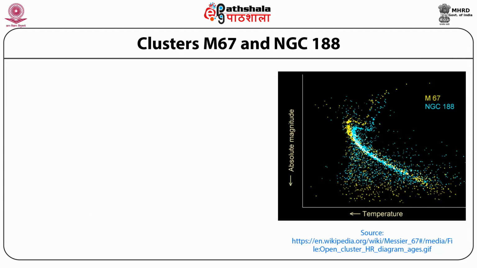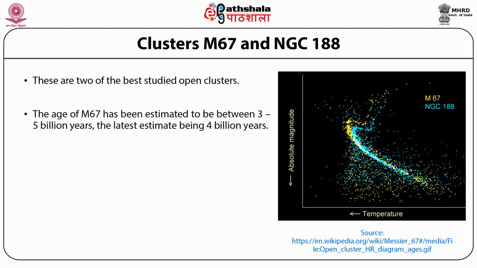Now this shows the clusters M67 and NGC 188. These are two of the best studied open clusters. The age of M67 has been estimated to be between 3 to 5 billion years.